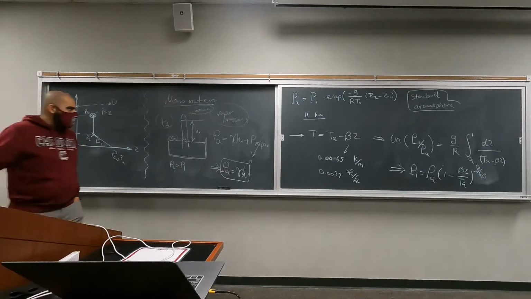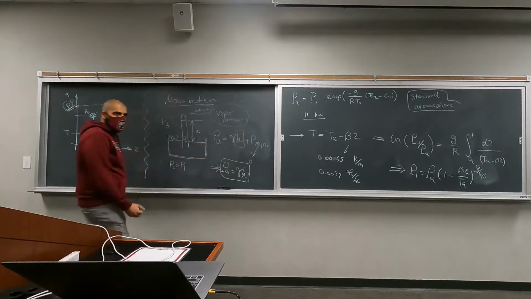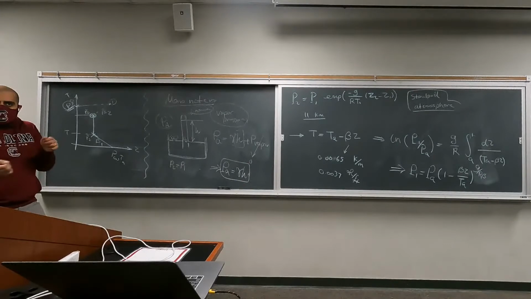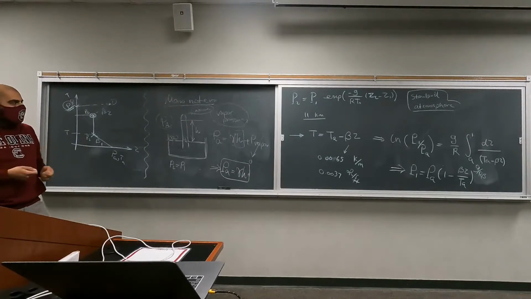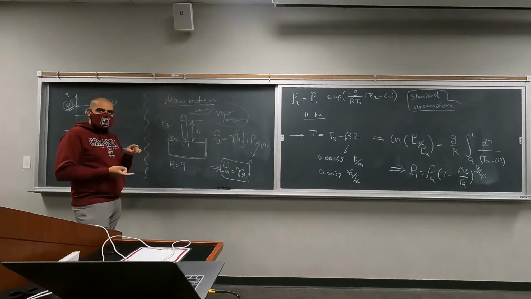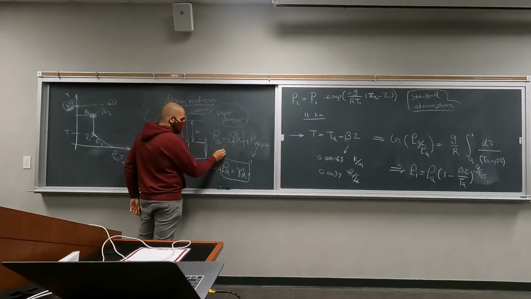What is important here is the height. You want to keep the height as small as possible, right? Because you want to keep your device as small as possible. You want to move this device around to be able to measure the pressure at different locations, right? So what can we do to keep this height as small as possible? We have to increase gamma, right?